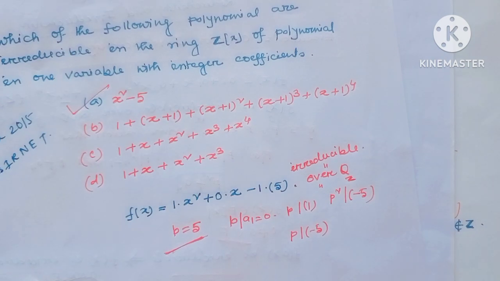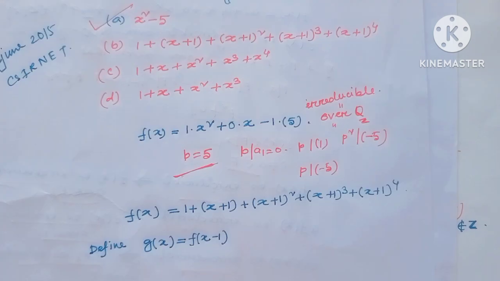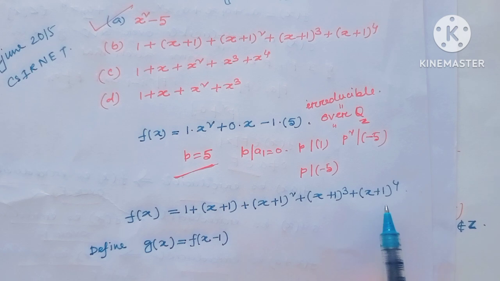And notice option B, 1 plus (x plus 1) plus (x plus 1) whole square plus (x plus 1) whole cube plus (x plus 1) whole to the power 4. At first think also, this is which type of polynomial? Here f(x) equals 1 plus (x plus 1) plus (x plus 1) whole square plus (x plus 1) whole cube plus (x plus 1) to the power 4.